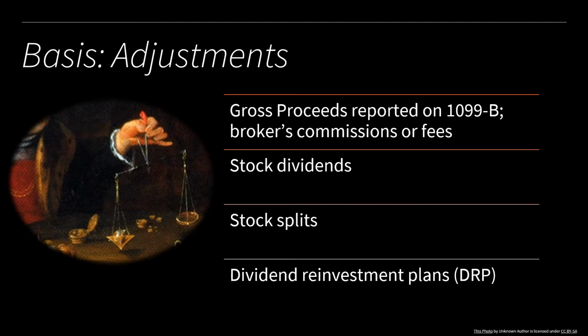Some things that could cause an adjustment to basis are when gross proceeds are reported on the Form 1099-B as opposed to net proceeds. And those are like the broker's commissions or fees. Typically, the broker will report net proceeds and take those out before reporting it to the taxpayer.